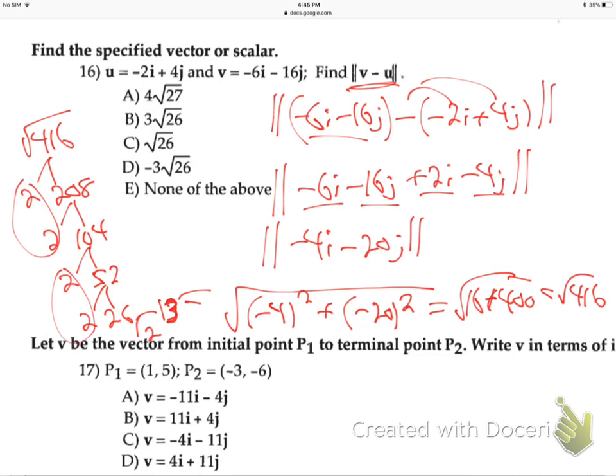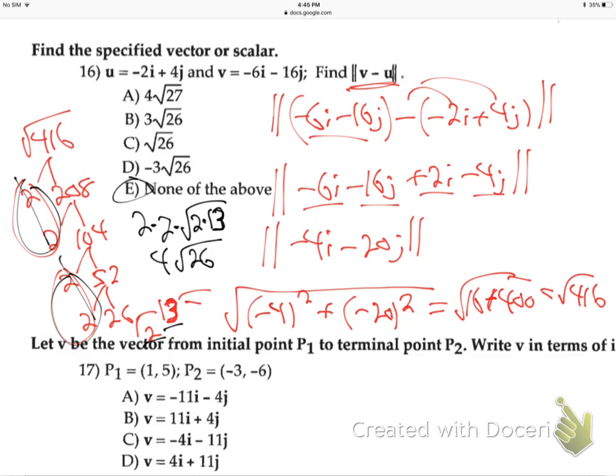You remember this from algebra, how to simplify? So 2 2's sends out a 2 to the front. 2 more 2's sends out another 2 to the front. Then you're left with 2 and 13. There's not 2 more 2's or 2 more 13's, so that stays inside. So that's 4 outside. 4 root 26. Is that one? Oh, it's none of the above. That's tricky. All right, let's go to 17.